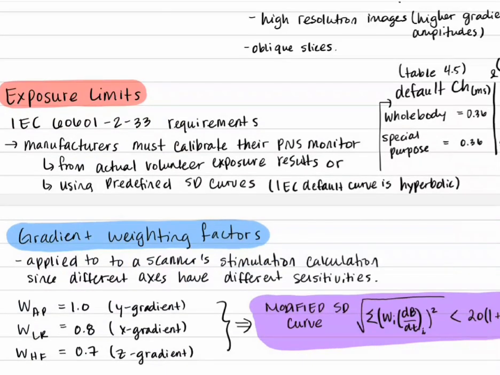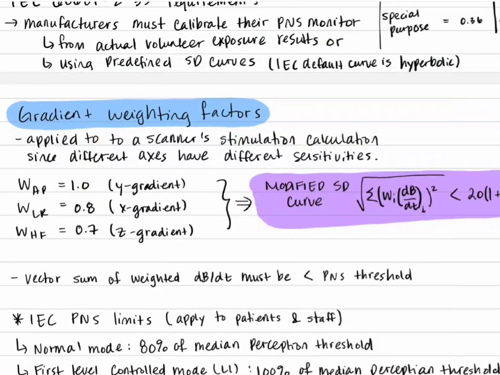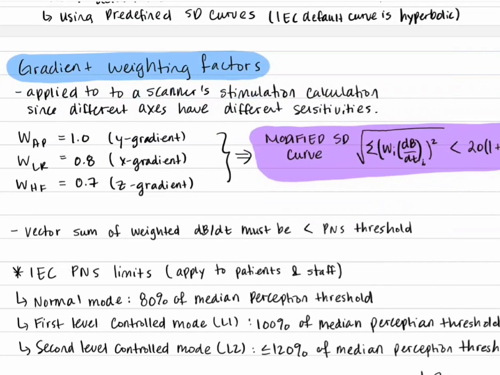Exposure limits are described by the IEC, which requires that manufacturers calibrate their PNS monitor from either actual volunteer exposure results or using the predefined SD curves. And the IEC default curve is hyperbolic for the SD curve.